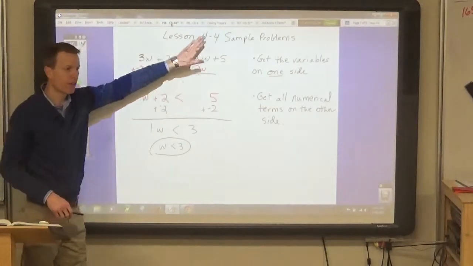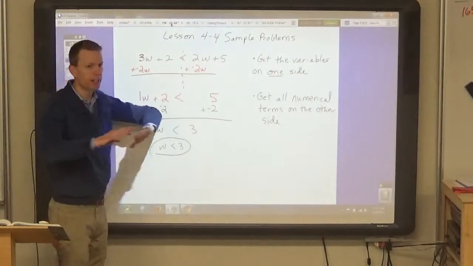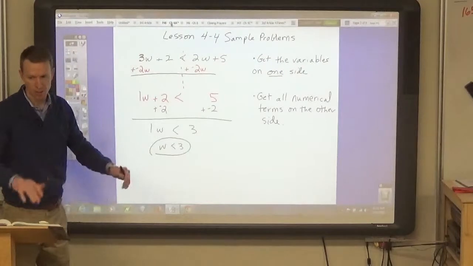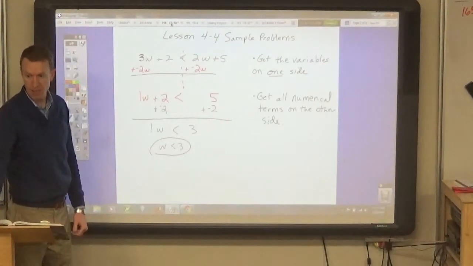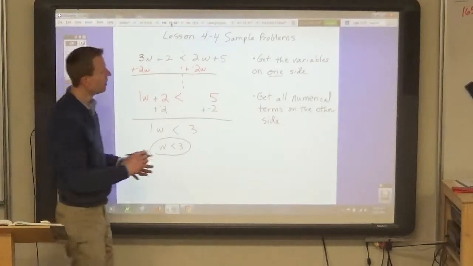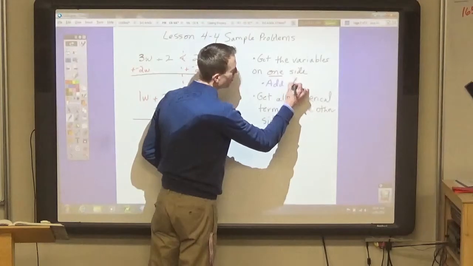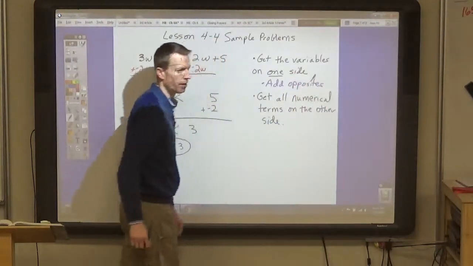You have to get rid of the variable terms on one side. How do you eliminate something on one side? There's only one way to eliminate something from one side. Yep, add its opposite. So you need to add opposites to get rid of something on one side.